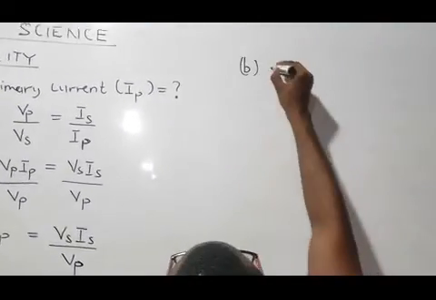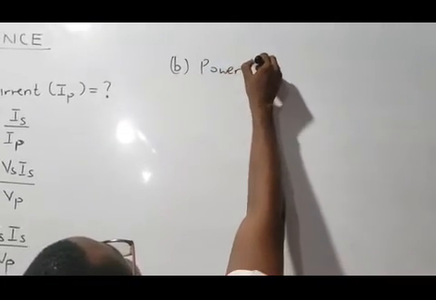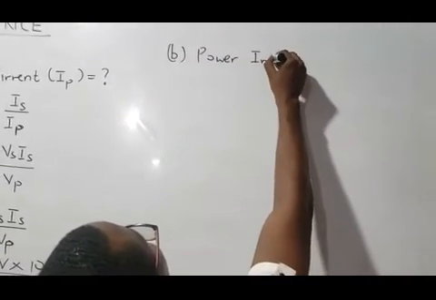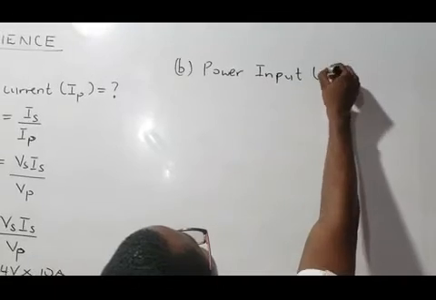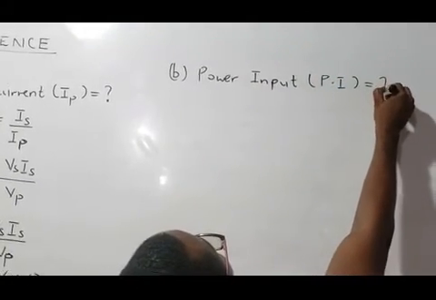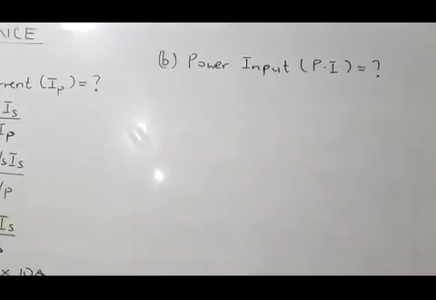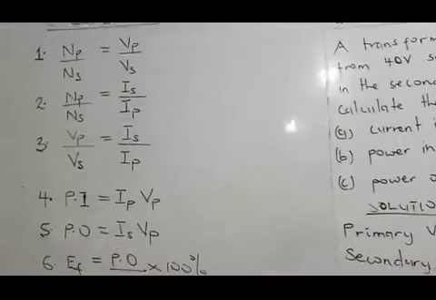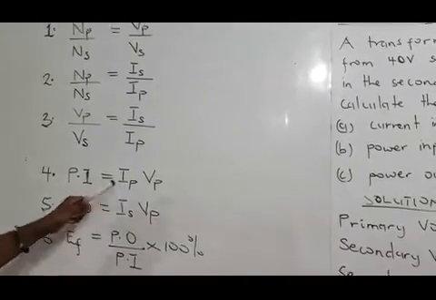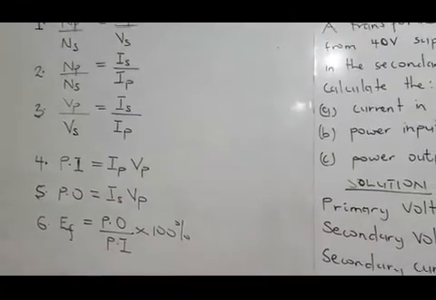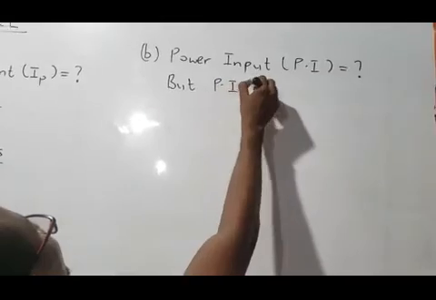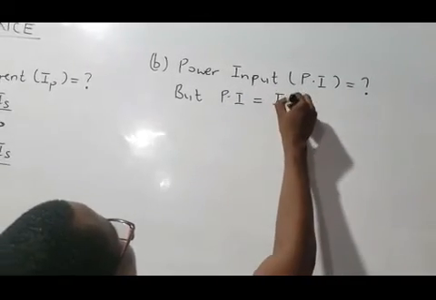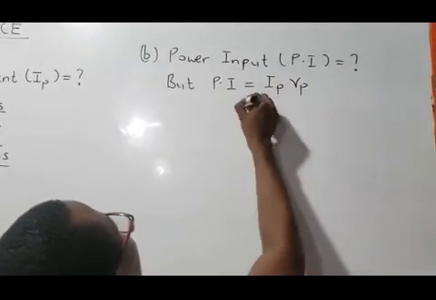We have been asked to calculate the power input. From our equation, power input is equation 4. Power input is the primary current times the primary voltage. So PI is IP times VP.